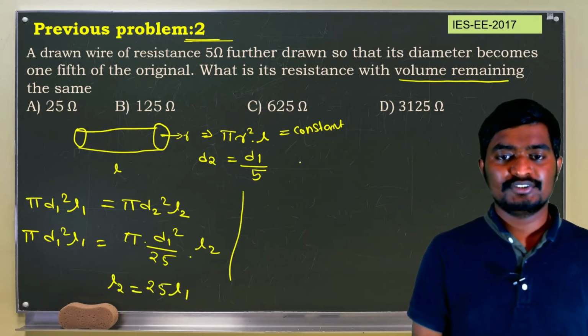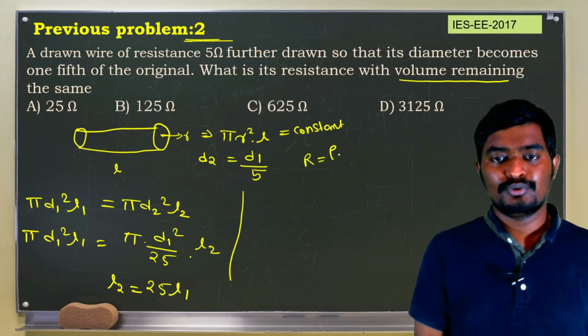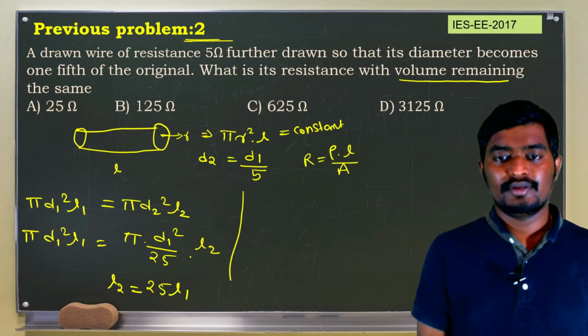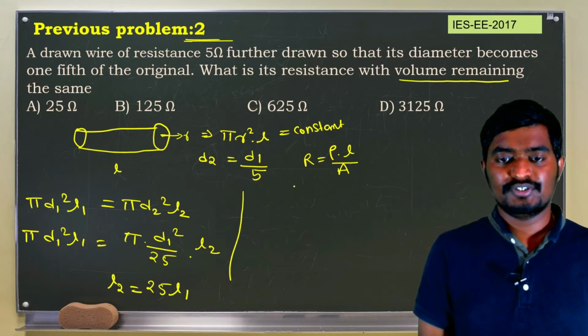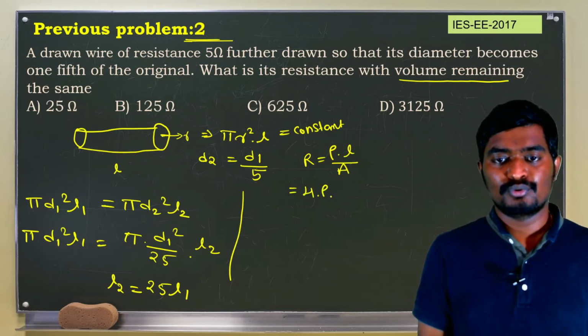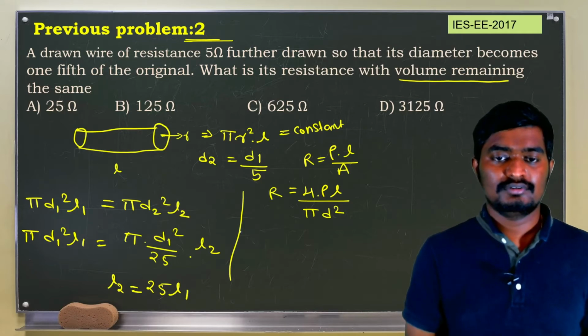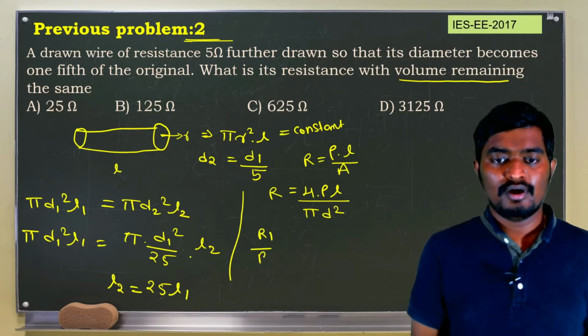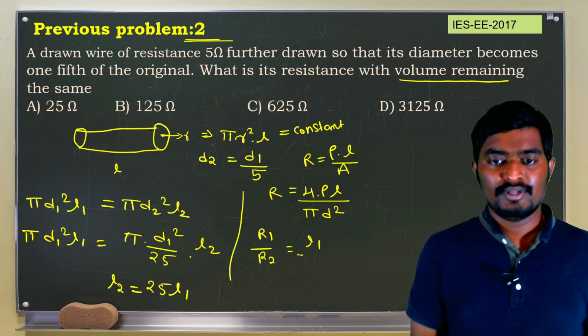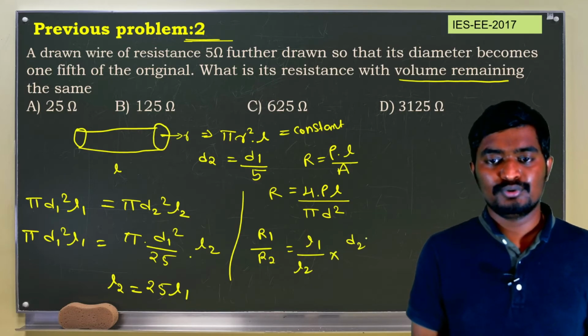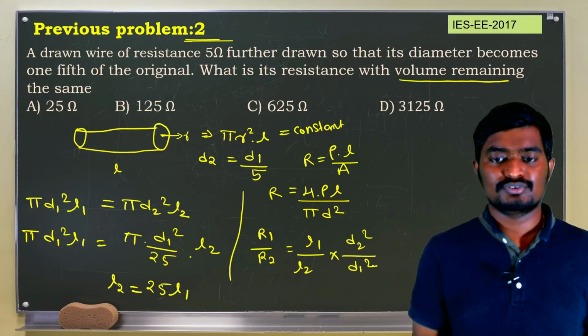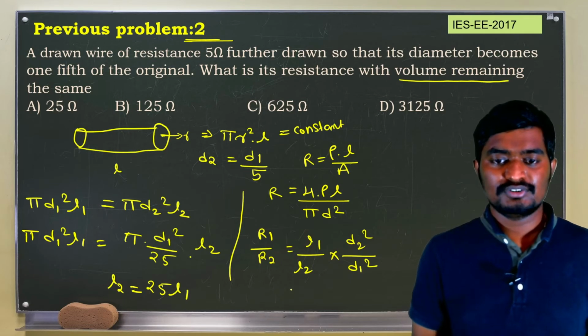So the formula for resistance R equal to rho into L by A. In diameter form, this equation can be written as 4 rho L by pi D square. This is R. So R1 by R2 equal to L1 by L2 into D2 square divided by D1 square. So substitute the values in this equation.